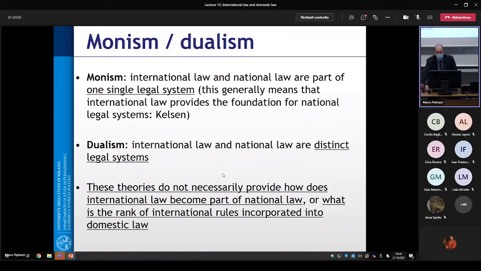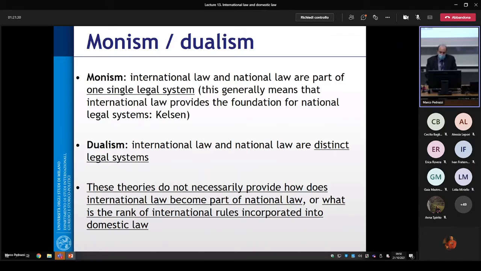So you cannot just look into the theories and derive from monism a certain way of implementing the international rules, and from dualism another way of implementing international rules. Each country, each state decides how to adapt its legal system to international law, how to incorporate international rules into the domestic law.